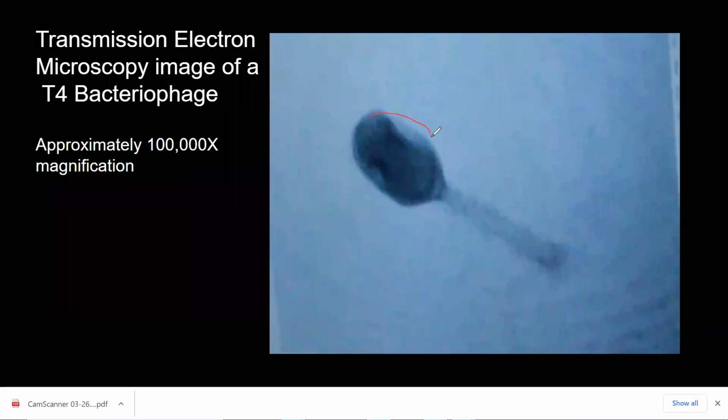Next, we have a transmission electron microscopy image of a T4 bacteriophage. So those are the ones that look like little kind of spiders. This is where all the genetic material would be kept. This is that little body on it. The legs should be here, kind of coming off and branching off.